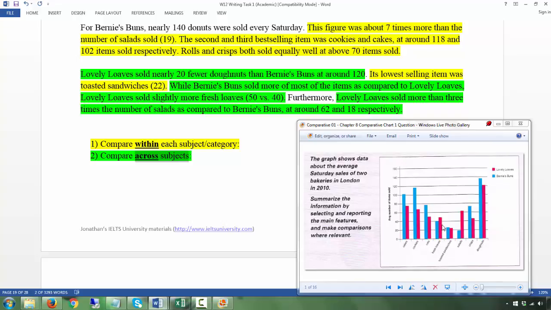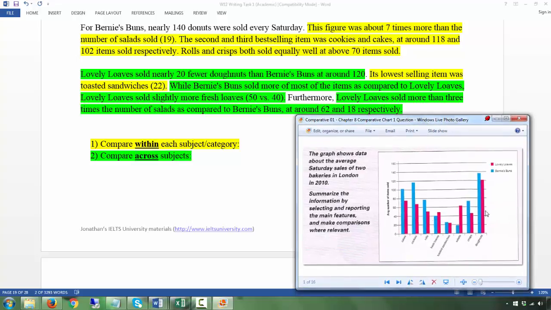The last, the similar, the difference, and this difference is important, the fact that it's 3 times. Not only is it 3 times, but it goes against everything else, which tells you that Bernie's Buns sold more items than Lovely Loaves for the similar item. But here it is not just that Lovely Loaves sold more salads than Bernie's Buns, but 3 times more. That's something that you have to talk about.